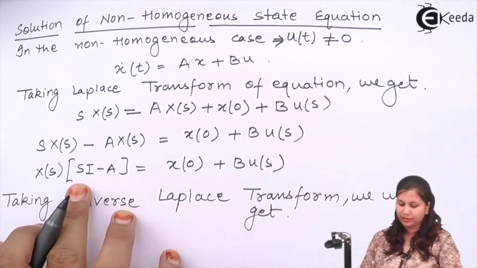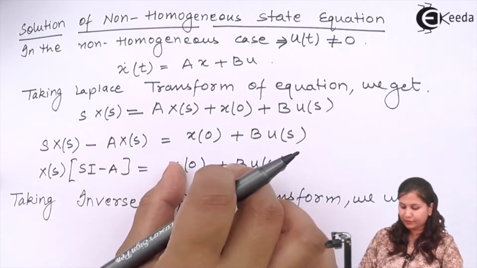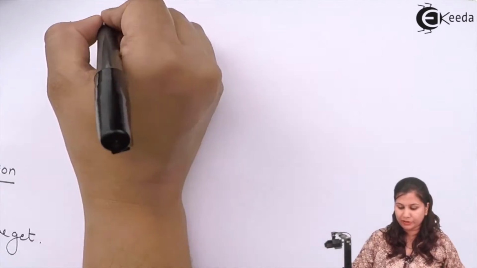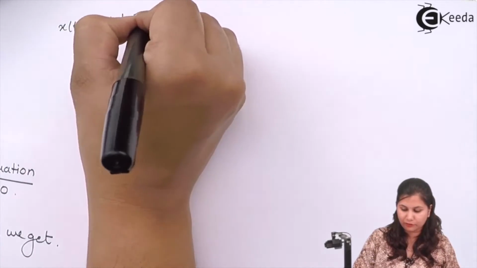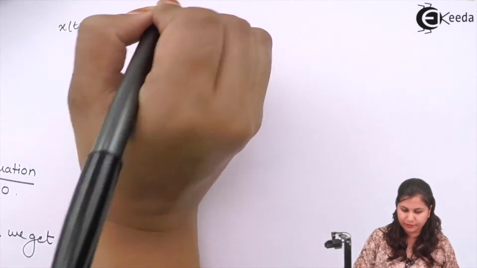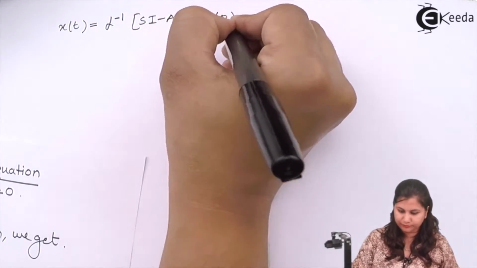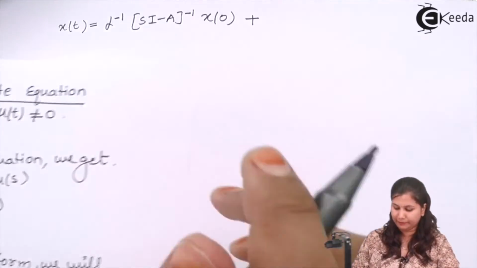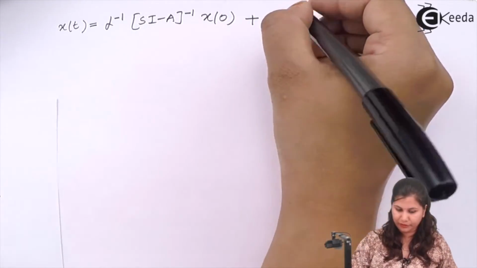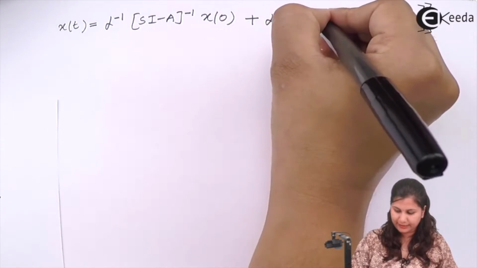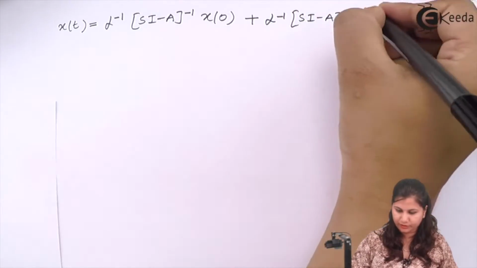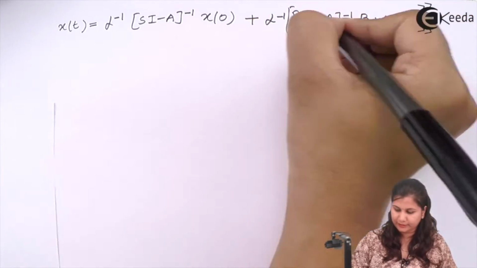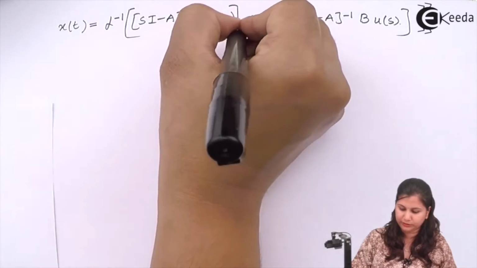If we bring this (sI minus A) to the right hand side, it becomes (sI minus A) inverse, so we get the inverse Laplace transform of (sI minus A) inverse times x(0), plus (sI minus A) inverse multiplied with B and U(s). It is the inverse Laplace transform of the whole term.